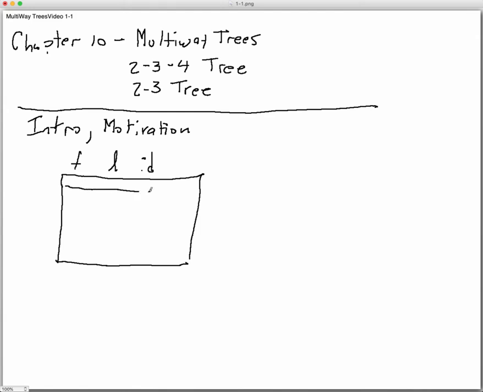And as we were adding things to this database, we just kept adding at the end. Basically, the idea was someone new comes in for insertion, they get added at the end.